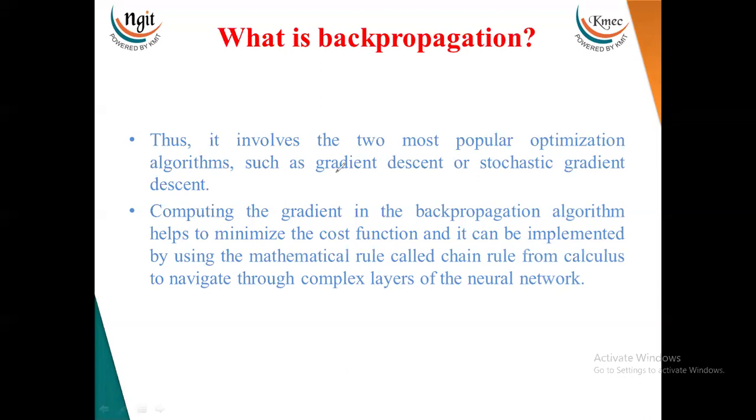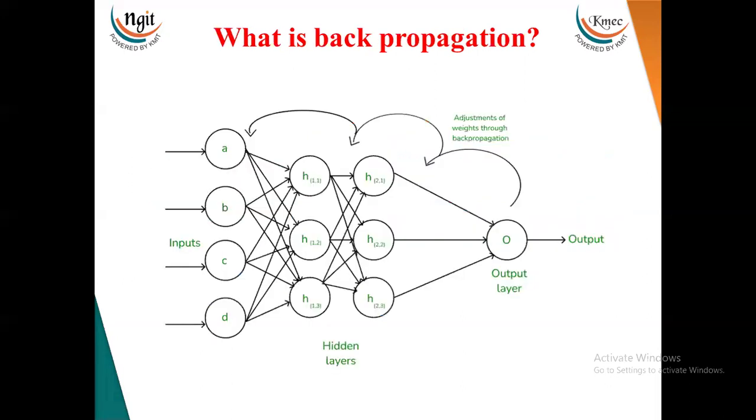Here we can use gradient descent or stochastic gradient descent for calculating the error in the required output. The difference between actual and target output can be calculated with these two methods, gradient descent or stochastic gradient descent.